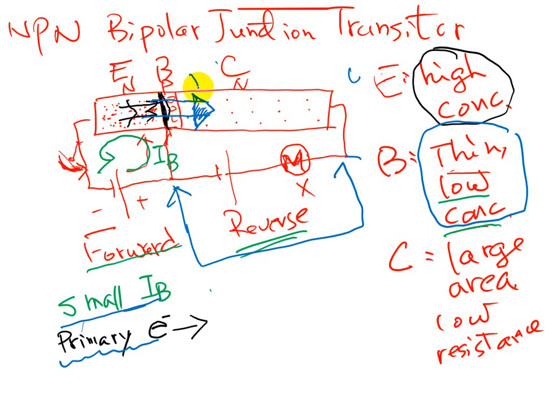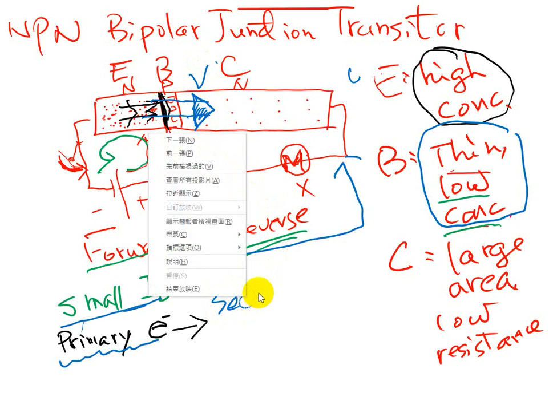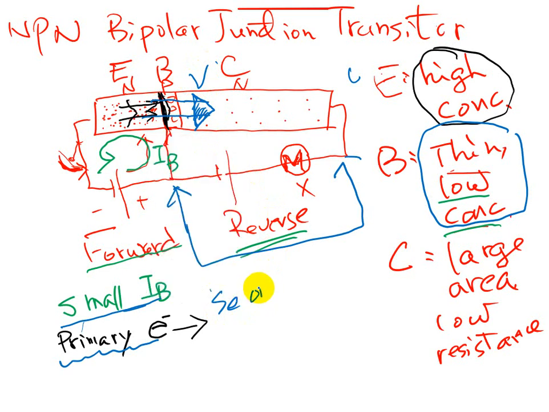So this electron is secondary electron. It is a primary electron from the left-hand side n-type semiconductor, diffusing across the interface of the base area toward the collector side.